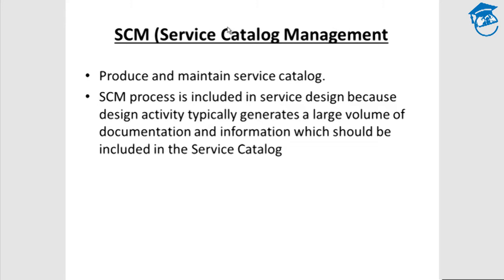So the main aim of service catalog management is to produce and maintain the service catalog. They need to check in the catalog whether we are really providing the same services which are mentioned here. If any service is not being offered, it would be removed from the catalog and entered in the retired service module.